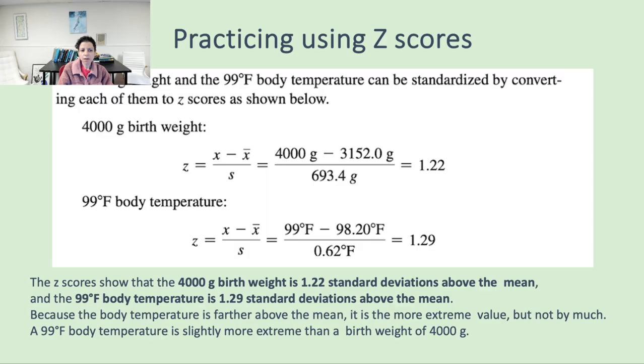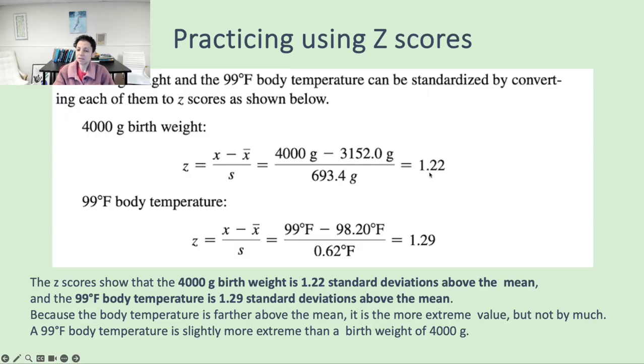Now, for the birth weight, the way we calculate this, we look at the data point minus the average for the sample divided by the standard deviation of the sample. So that baby was 4,000 grams minus the mean of 3,152 grams divided by the standard deviation, which was 693.4 grams.